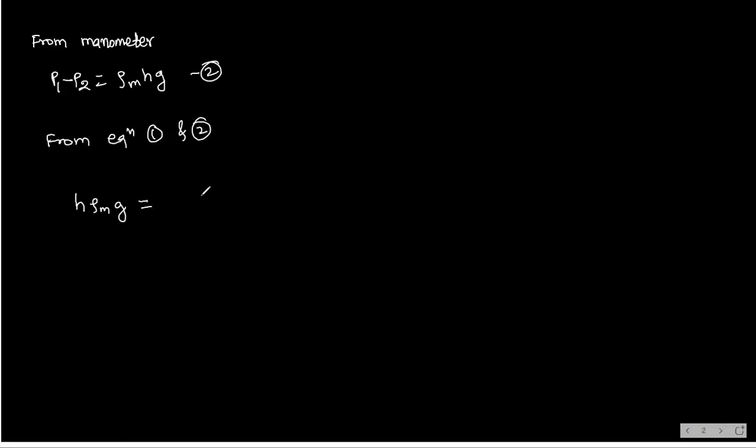Half rho V1 square into A1 square by A2 square minus 1. Is that clear? Check it.